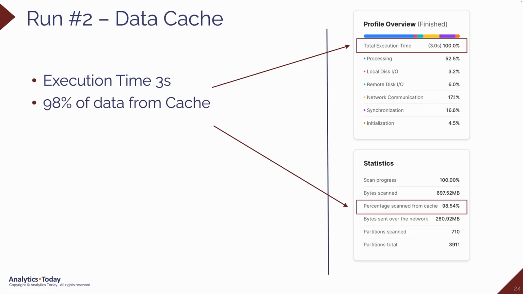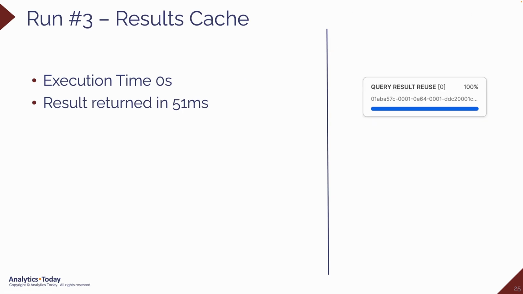The second time the query was executed, its execution time was down to 3 seconds because 98.5% of the data came from the data cache, so it executed faster. Finally, if we execute exactly the same query, it comes back in 51 milliseconds because it's come back from the results cache. It doesn't actually need to go down to the warehouse at all.